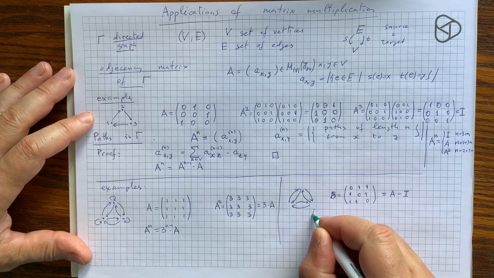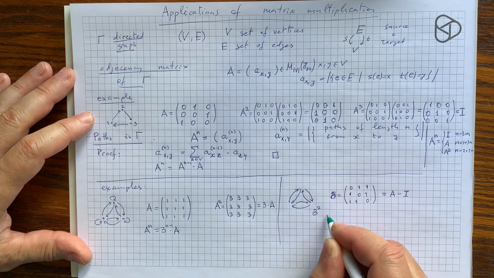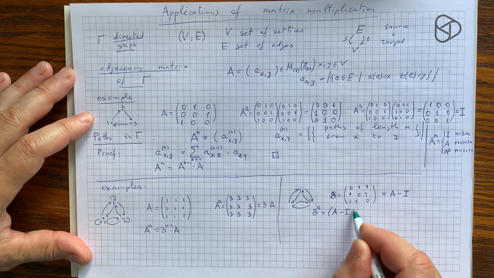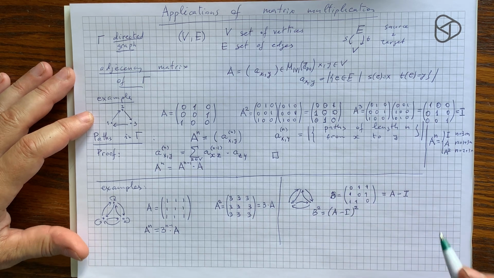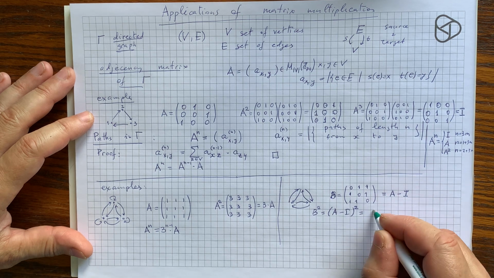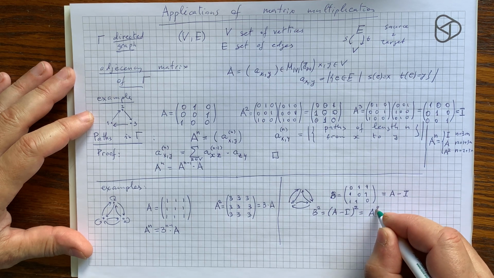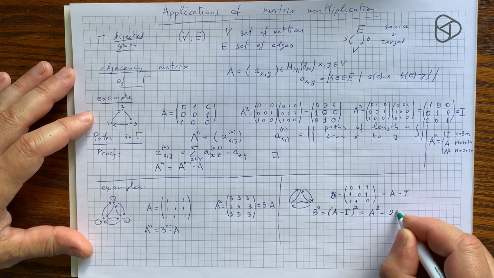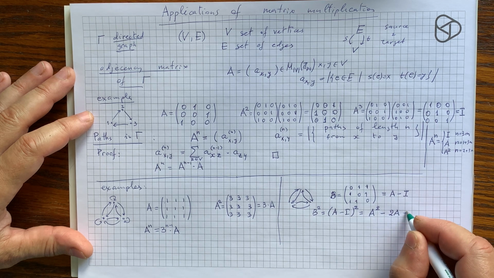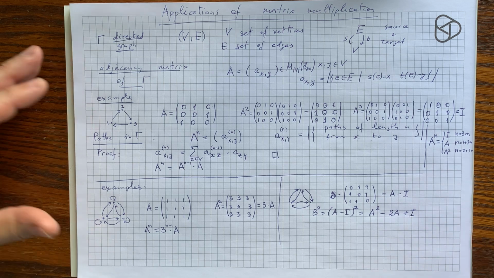And so computing the powers, like the square, now I can use simple arithmetic. So I'm computing the square of the difference of two matrices and writing it according to the binomial formula. Expanding it will give me this.